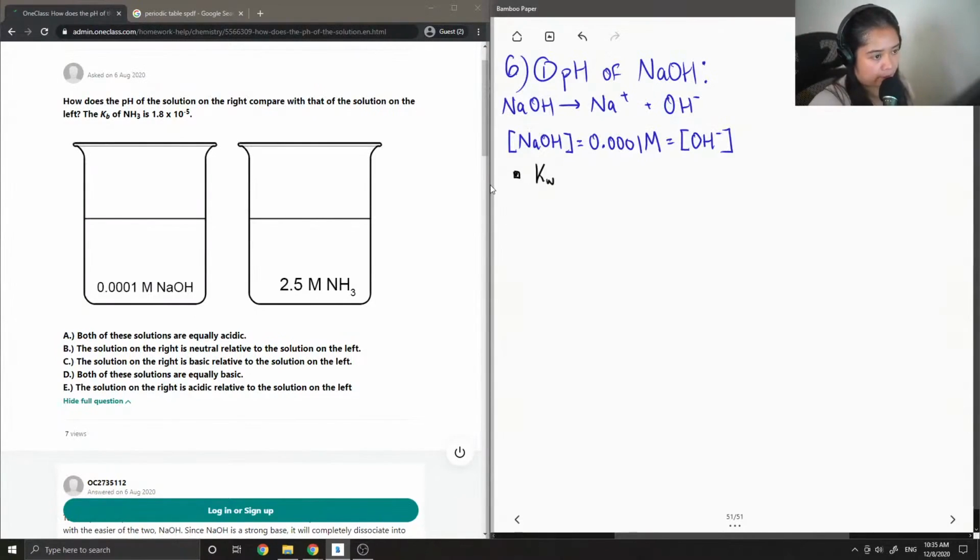So let's recall that Kw is equal to the concentration of H3O plus times the concentration of OH minus. The value of Kw is the same. It is just 1.0 times 10 to the negative 14.